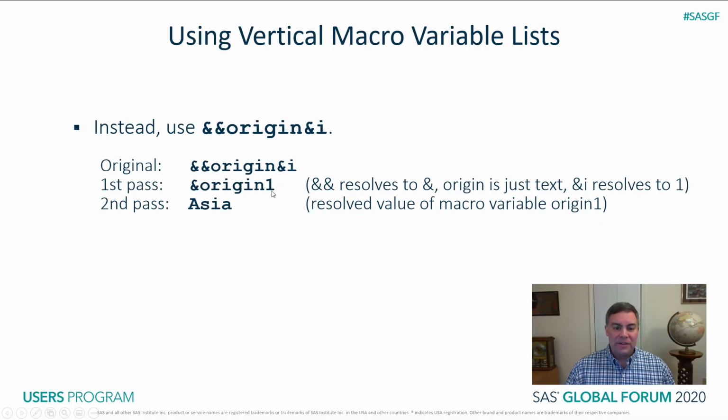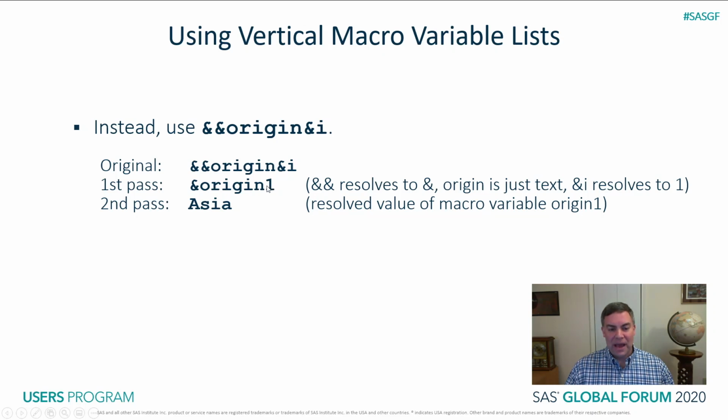Remember, at the beginning of this talk, we talked about when the macro processor finishes, it rescans whatever it produced to see if there are more macro language elements. So this gets rescanned, and there's still an ampersand. This is now interpreted as another macro variable reference.